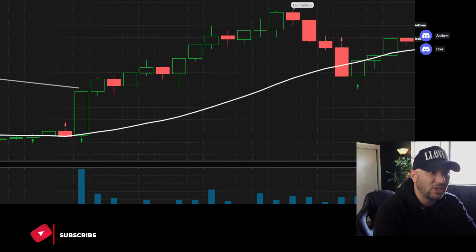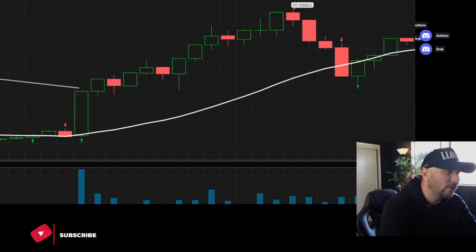Now, whether price confirms, meaning stays over that change in trend, aka the 20 period moving average, aka the 20 SMA, is going to determine whether we are going to take the trade.